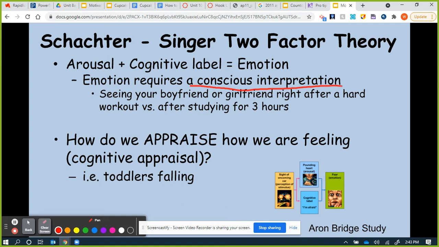If you see your boyfriend or girlfriend and your heart's pounding, you might think, oh, it's pounding like that because I love this person. How do we appraise how we are feeling? That is called cognitive appraisal. So there's the arousal, and there's the cognitive label.